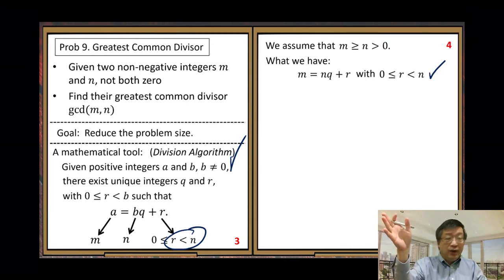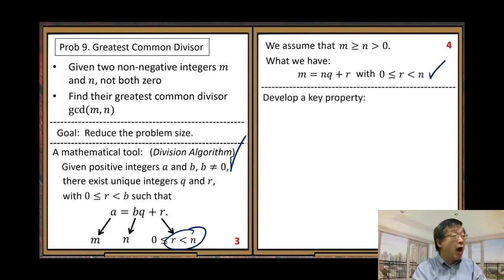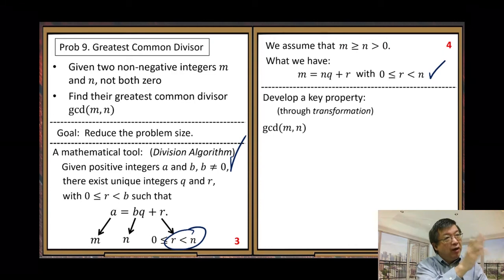After that, we need to explore some key property for problem size reduction. How do we do it? Through transformation. What kind of transformation? Formula transformation. Look at this. When we write GCD of m and n, we want to find an equivalent expression for it.